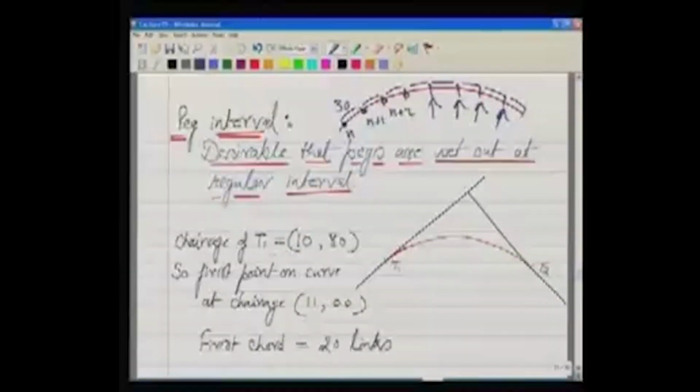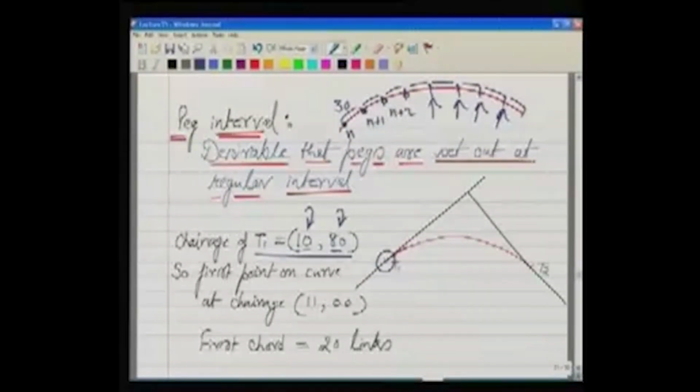So how is it ensured? Let us say the chainage of point T1 here is 10, 80. What is the meaning of this? There are 10 full chains and 80 links. That's the meaning of it.